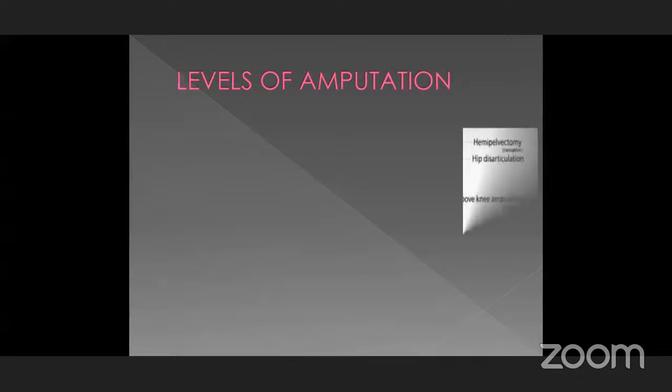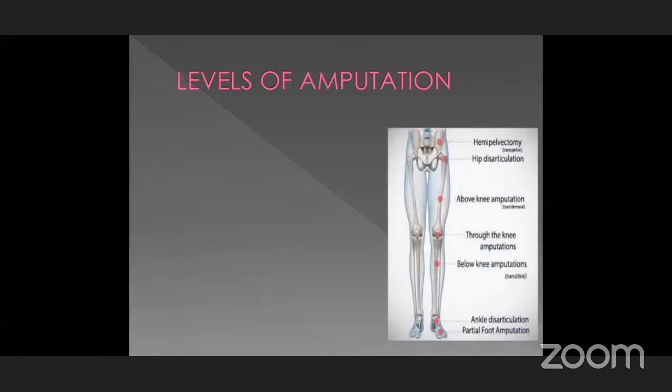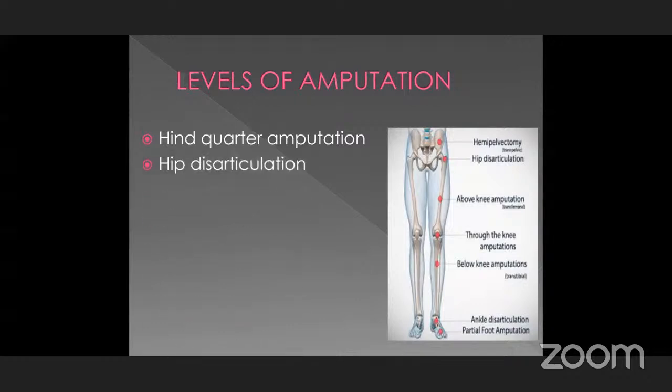Okay, now we see the levels of amputation of the lower limb. This picture represents the levels present in amputation of the lower limb. First, quarter amputation, amputated at the level of the hip, and then hip disarticulation, disarticulated from below the hip, and then above knee amputation or transfemoral amputation.